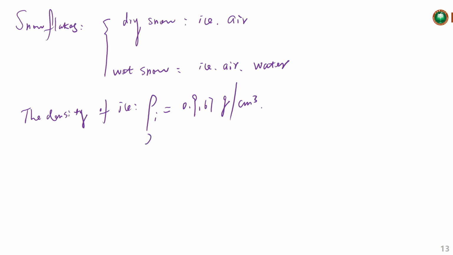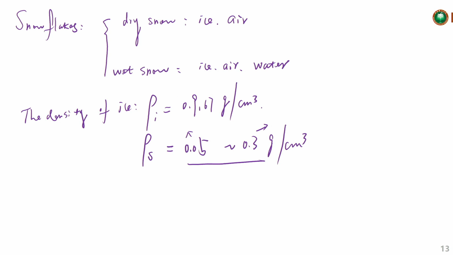However, for snowflakes it is more complicated because of their own combinations, such as with water, all right? So it changes from 0.05 to 0.3 grams per cubic centimeter. One side of this range is related to very dry snowflakes, and the other side to very wet snowflakes.